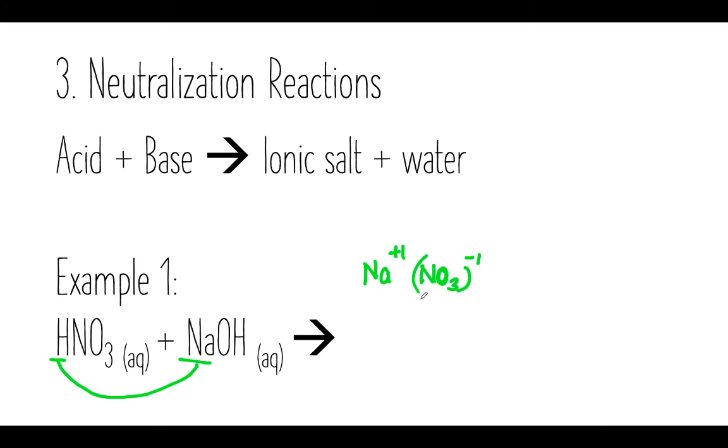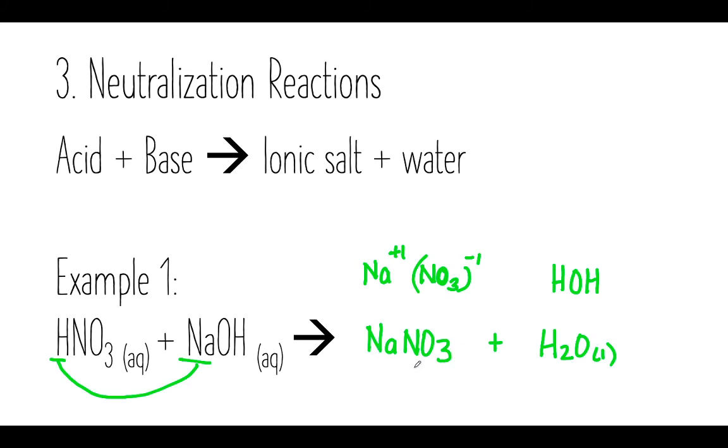NO3 has a charge of -1, crisscross it, I get NaNO3 plus, I've got H and OH. And remember from our single displacement video, HOH is the same as writing water, right? H2O liquid.